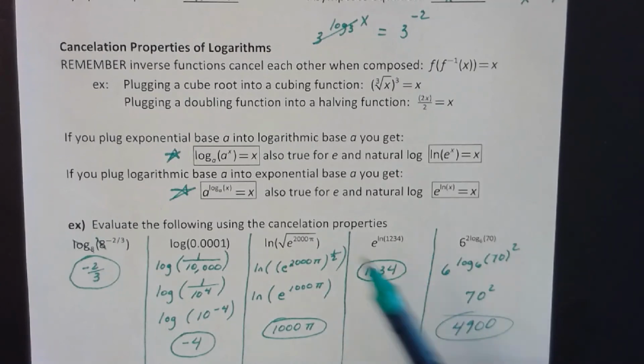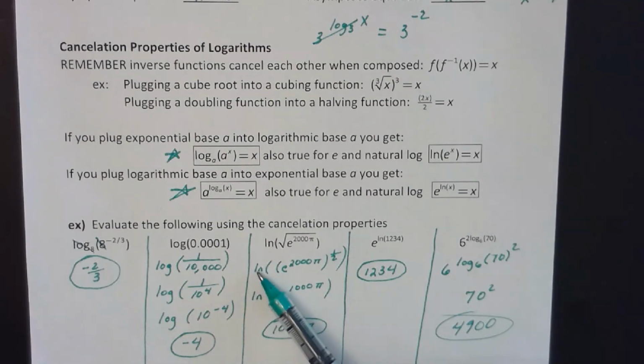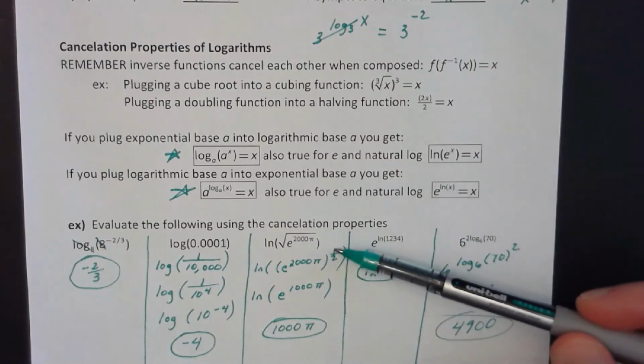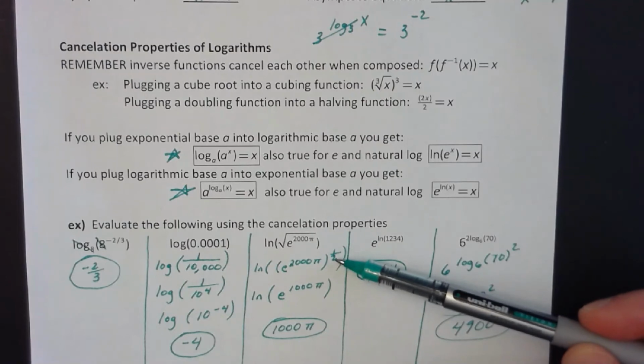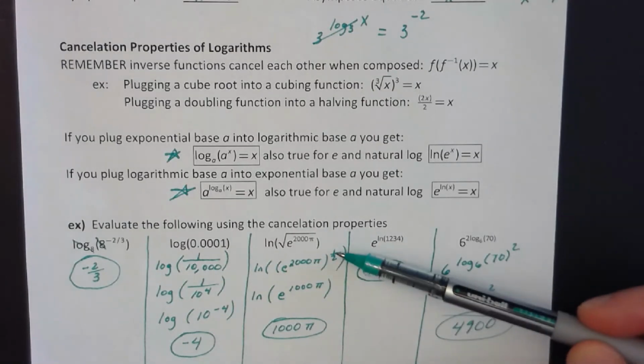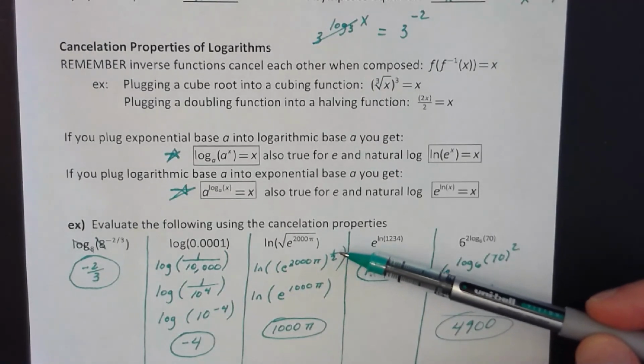So I have to think about the square root, all it means is the 1/2 power. So I went ahead and rewrote this as the natural log of the group e raised to the 2000 pi, and then instead of inside of a square root, I said 1/2 power. Now the reason that this helps is because using the square root as the 1/2 power allows me to see anytime I have power to power, I'm supposed to simply multiply those.